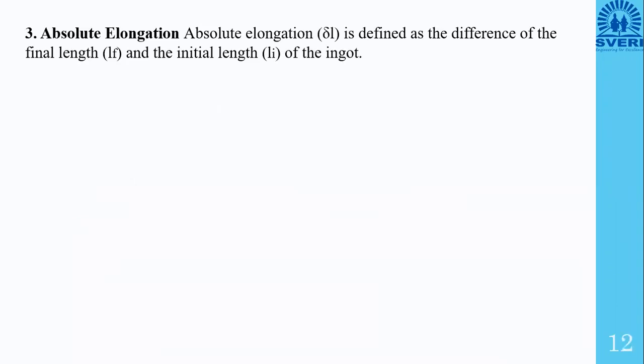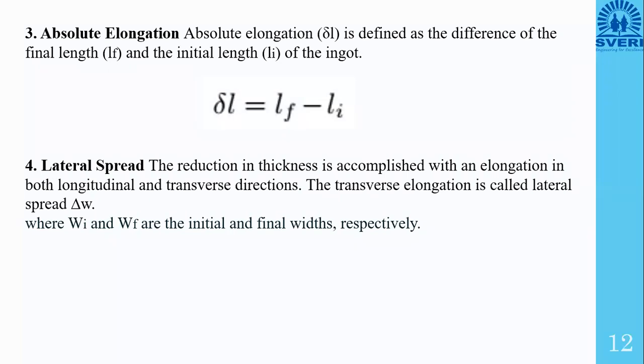The next one is absolute elongation. What is the absolute elongation? As we have already discussed, when thickness is reduced, length is increased. So how much length is increased? That is measured by absolute elongation.